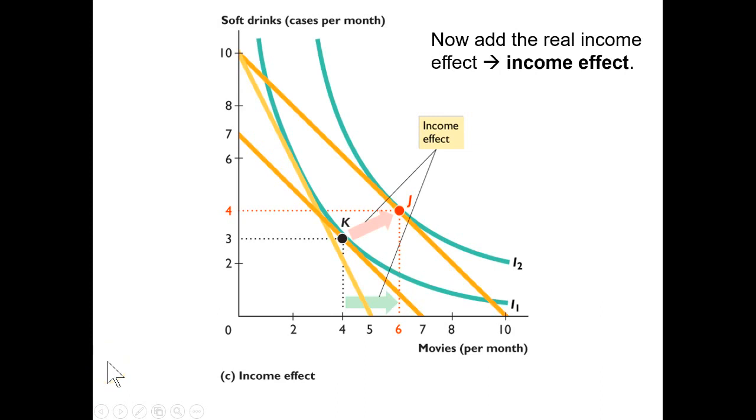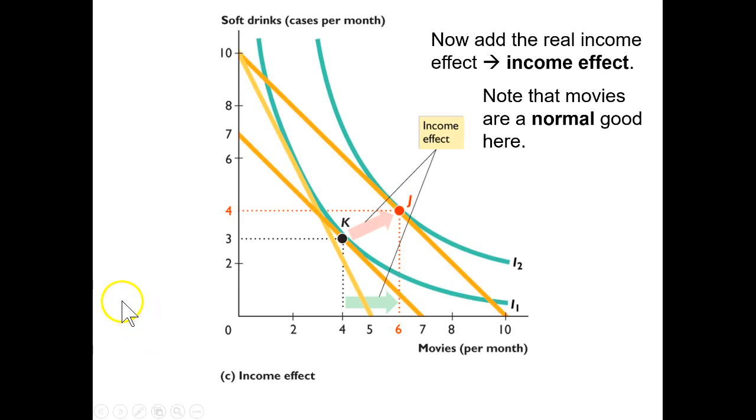One thing that we should note here is that this assumes that movies are a normal good. The definition of a normal good is one where consumers want to buy more of it if their incomes rise, if they can afford to buy more of it. Right?